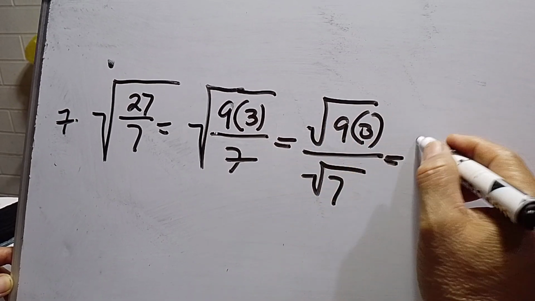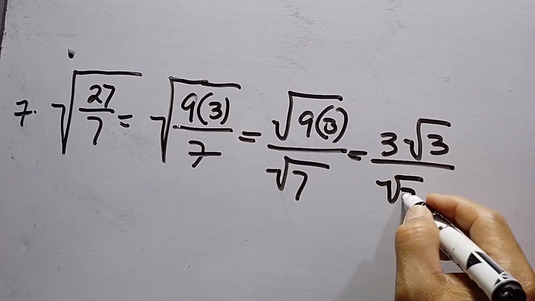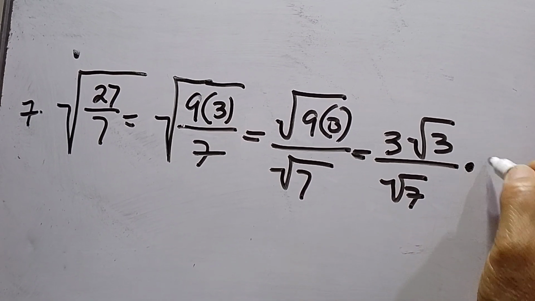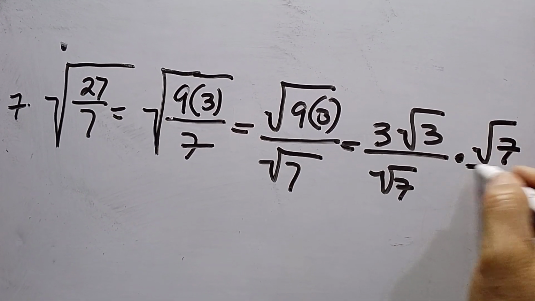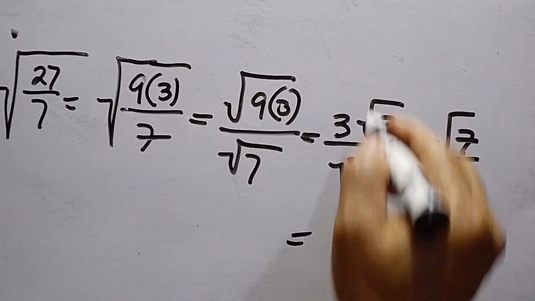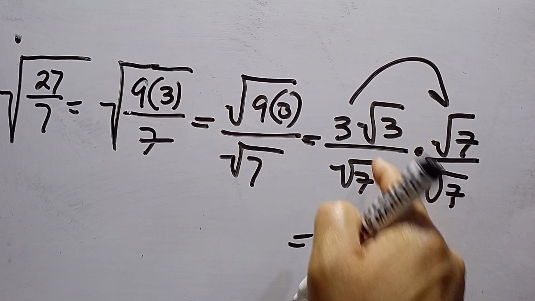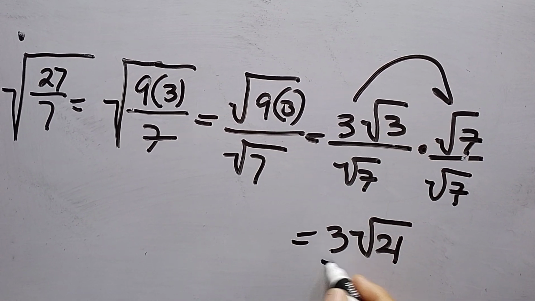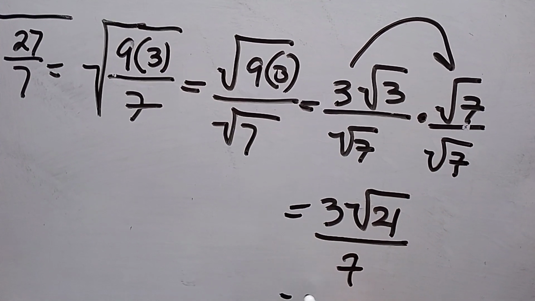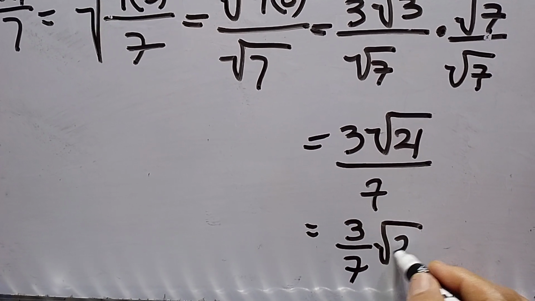Square root of 9 is 3, then I have square root of 3 over square root of 7. To rationalize, multiply square root of 7 in the numerator and denominator. So this will be 3 square root of 21 because 3 times 7 is 21, all over 7. So for number 7, the answer is 3 over 7 square root of 21.